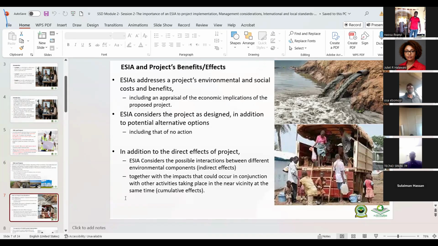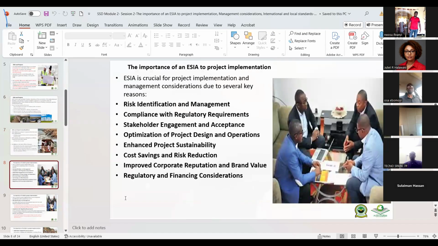Yes, ESIA addresses project environmental and social cost and benefit, which we've addressed. But our interest now is the importance of ESIA to project implementation. And we are going to look at it from the angle of risk identification and management, compliance with regulatory requirements, stakeholder engagement and acceptance, optimization of project design and operation, enhanced project sustainability, cost saving and risk reduction, and improved corporate reputation.